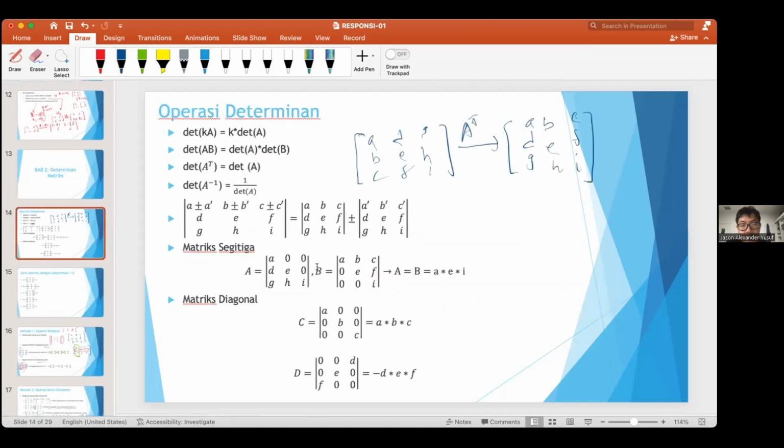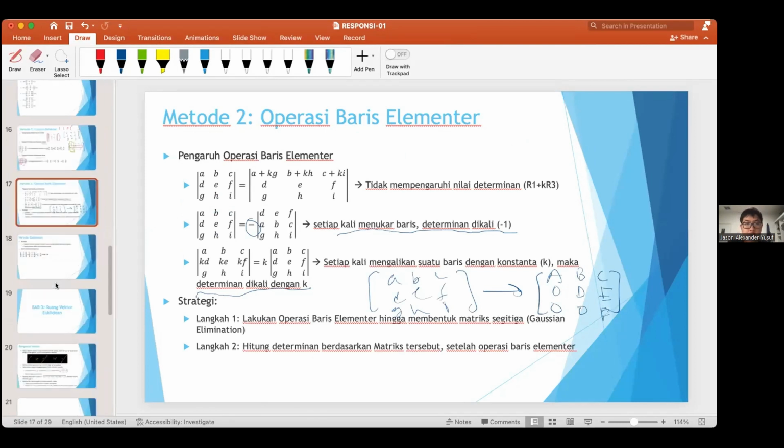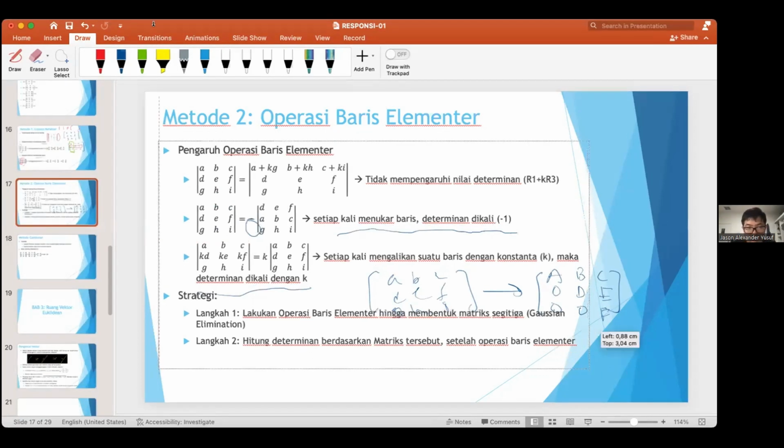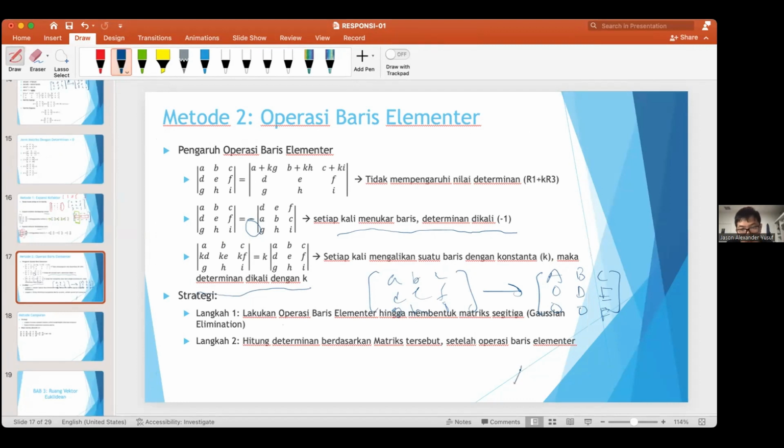After I get that form, I can simply calculate the determinant, which is the product of the diagonal entries.